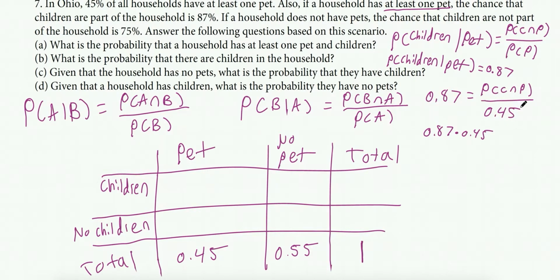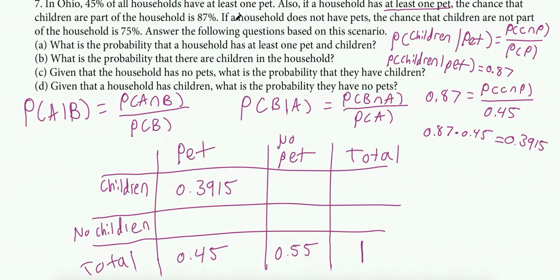And that's going to equal, I should have calculated this out first, but I didn't, 0.45 times 0.87 is 0.3915. Okay, so that's it for this part.